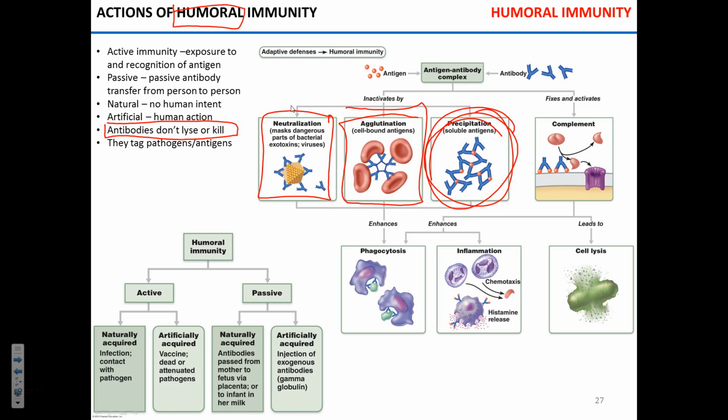Now this binding actually helps macrophages to phagocytose pathogens. This binding is called opsonization as well. Remember we talked about opsonization with complement? When complement proteins surround the pathogen. When antibodies surround the pathogen, this is also opsonization.